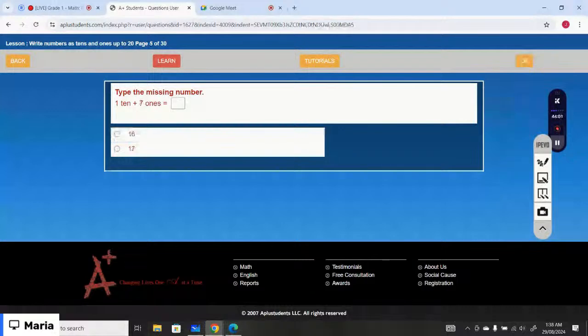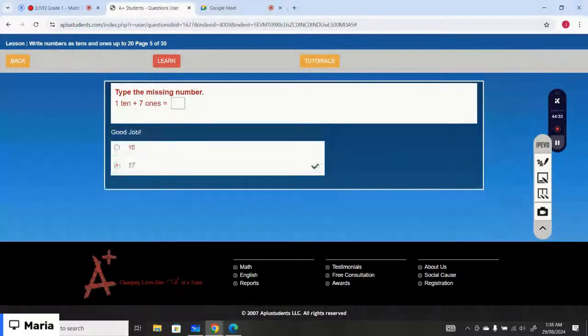Type the missing number: 1 ten and 7 ones. So which is the correct option? 17 it is, right? 1 ten and 7 ones make 17.